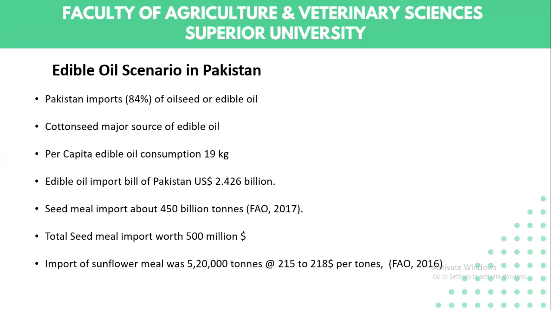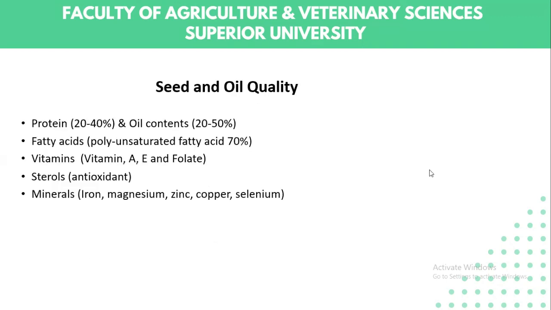Move to the next slide. So, sunflower seed and oil quality. What is within the sunflower seed and what kind of quality it has. This is our today's topic of discussion as well. So sunflower, depending upon its variety, an oilseed sunflower contains about 20% protein and, if you average it, 40% oil.